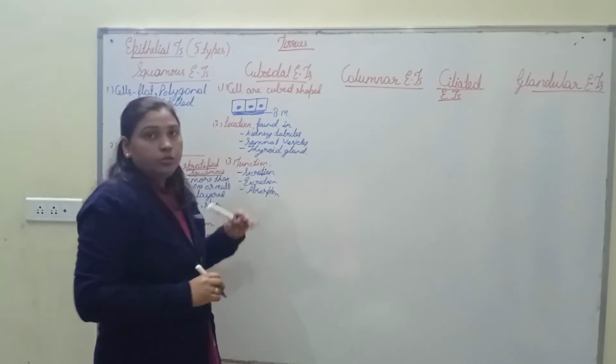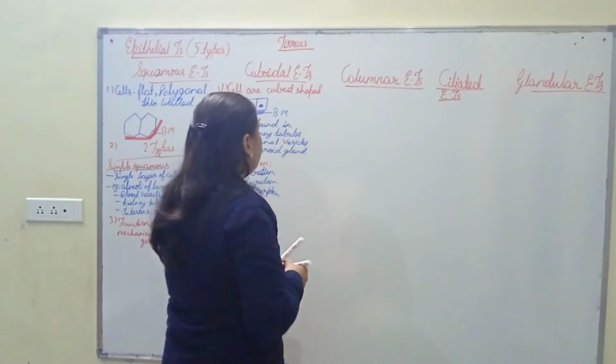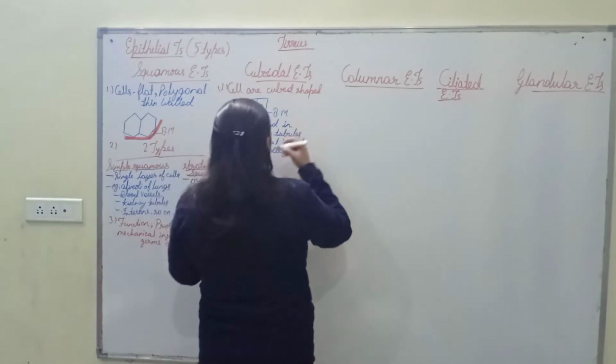So this is about the cuboidal epithelium tissue, and now we have columnar epithelium tissue.